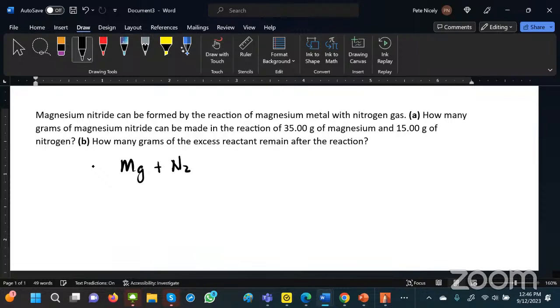Remember, nitrogen is one of those gases that exist as a diatomic molecule. Okay, and then what would be the product? And what would be the formula for magnesium nitride? Not quite. Partially right. You're right about this part here, but you need a subscript here.